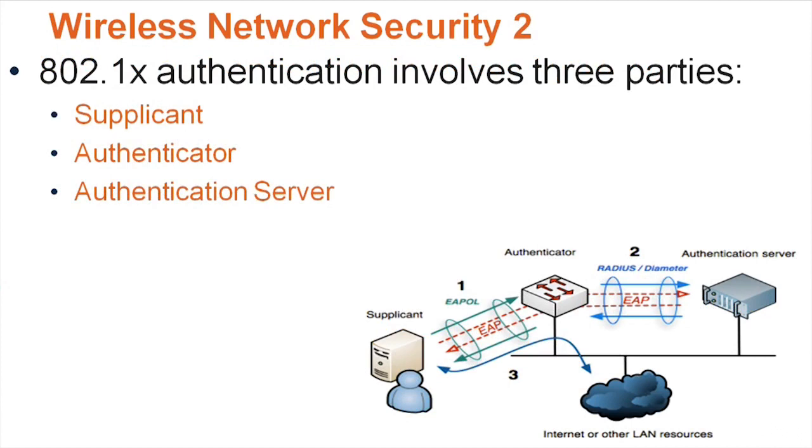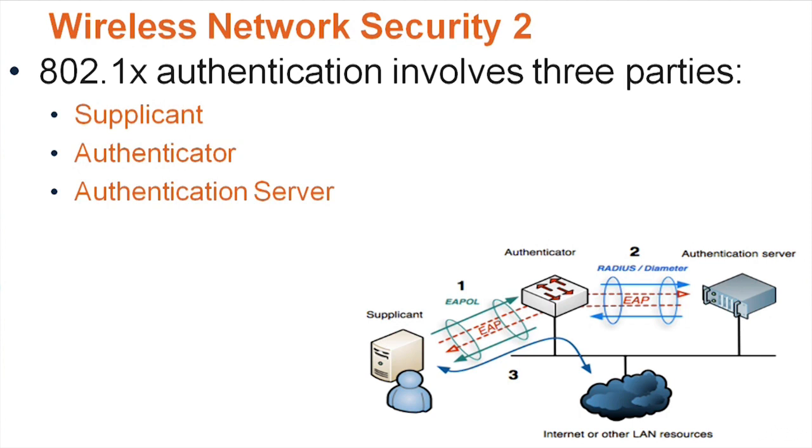So the parts of authentication for 802.x authentication involve three things: the supplicant, the authenticator, and the authentication server. If we take a look at this little diagram over on the bottom left there, we have the supplicant, which is a person trying to authenticate, and they're using the EAP protocol to talk to the authenticator.